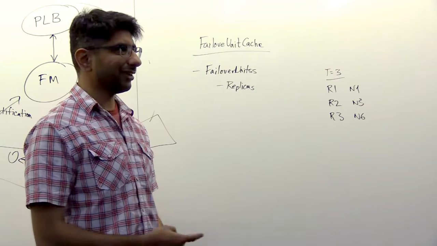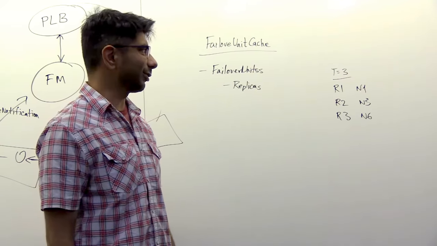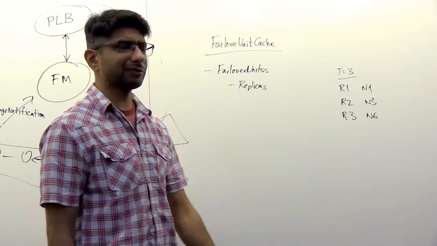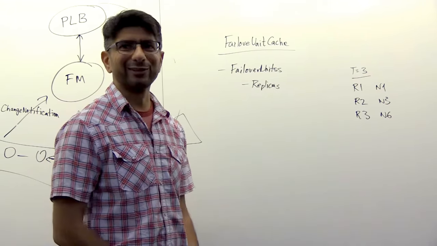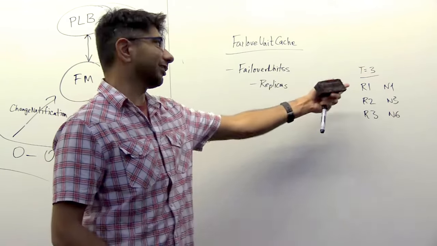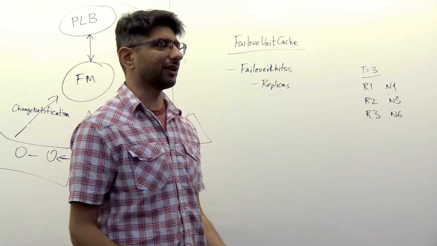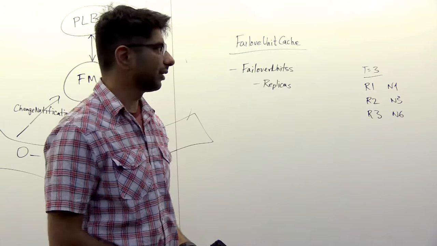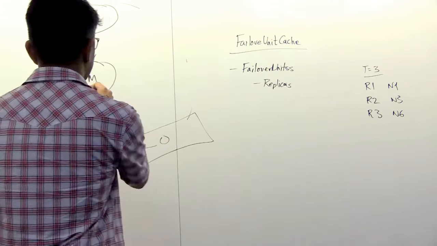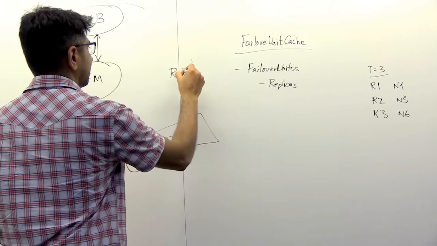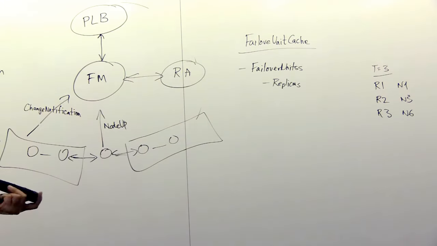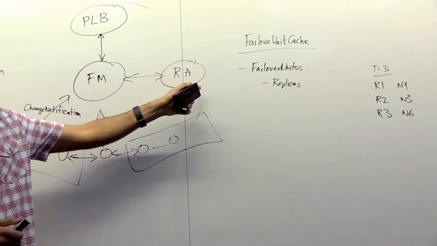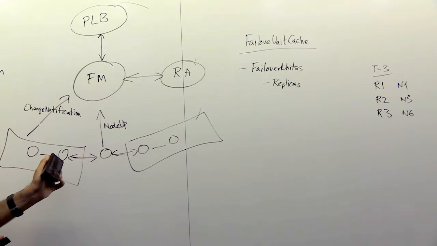Then the state machine runs again and notices that even though I have these 3 replicas, they are not ready and up yet, because at this point it's just the objects created. There is nothing actually running. So this is where FM interacts with RA, and RA is running on each node.